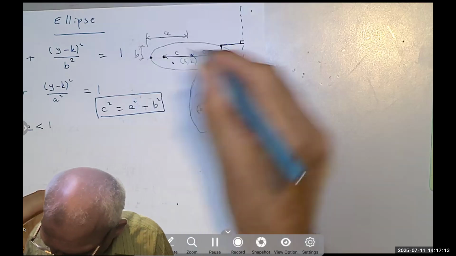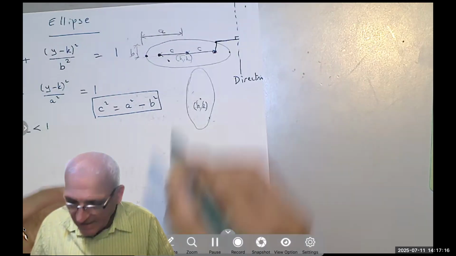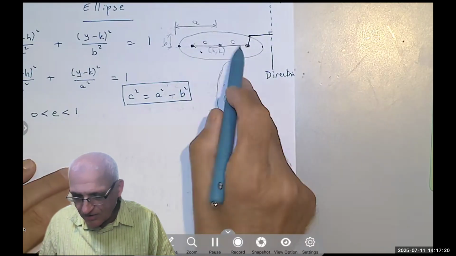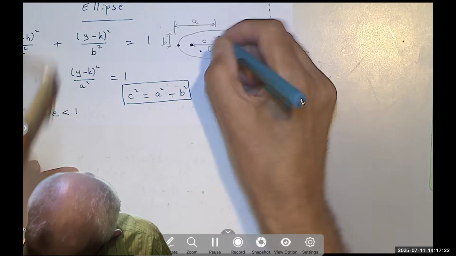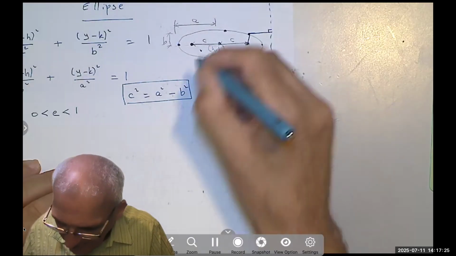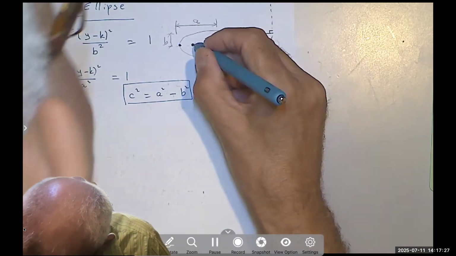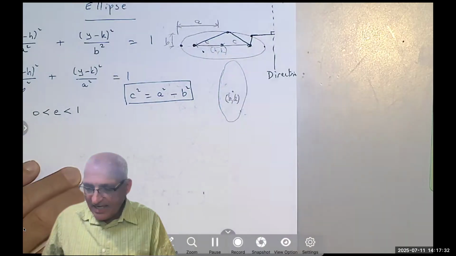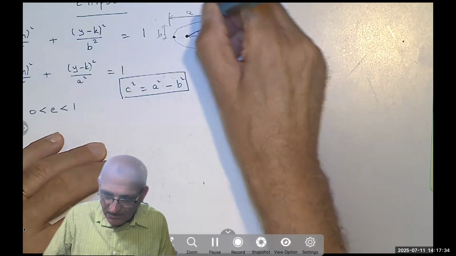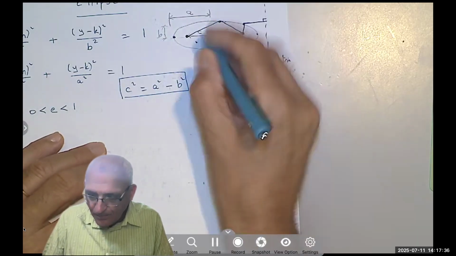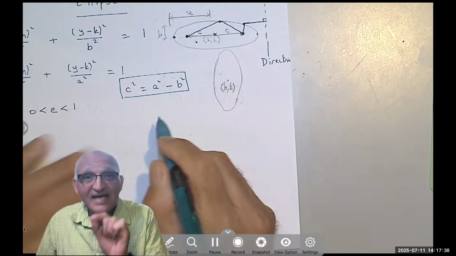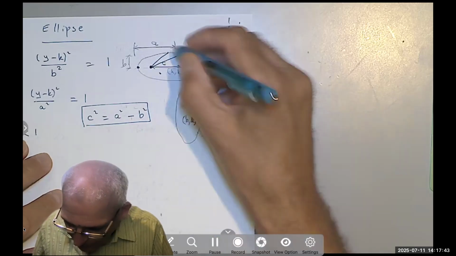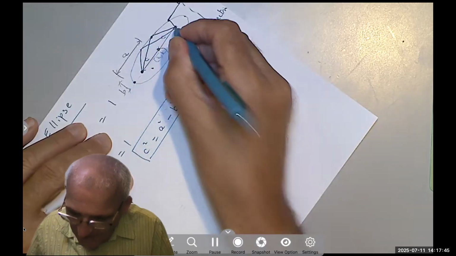One is here, one is there, and then you get a rope that is longer than that distance of 2c, and you attach the pen to the rope that goes around the nails, and you stretch it all the way, and you keep moving such that the sum of the distances from each point to the two foci is constant.